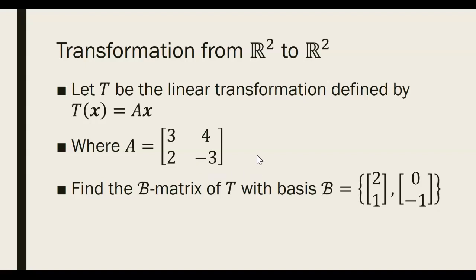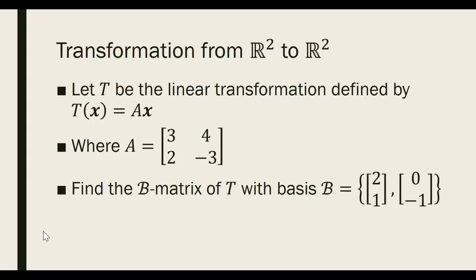So it goes from R2 to R2. And we want to find the B matrix of T with respect to basis 2, 1 and 0, -1. Now we know how to do this. Hopefully we know how to do this.